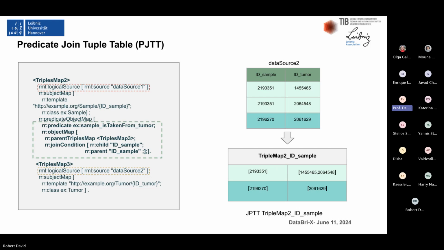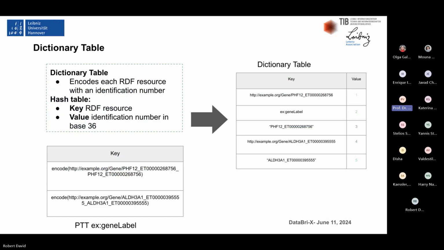So please go next. And then we have a dictionary table, where basically for every resource that we receive, we create an index. And this index is actually encoded in the way that the space is reduced. So this is what is actually helping to avoid repeating and storing very large strings representing resources.